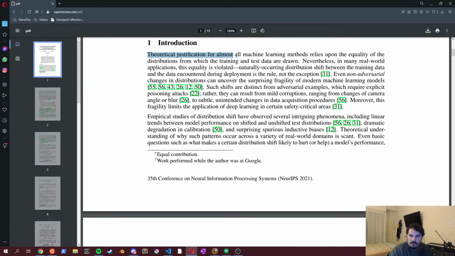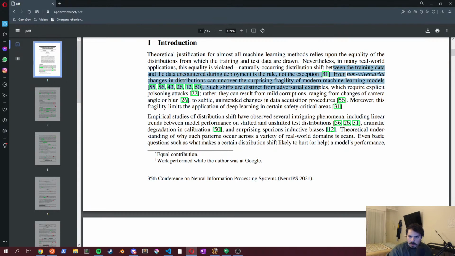Theoretical justification for almost all machine learning methods relies upon the equality of the distributions from which the training and test data are drawn. Nevertheless, in many real-world applications, this equality is violated. Naturally occurring distribution shift between training data and data encountered in deployment is the rule, not the exception. Even non-adversarial changes can uncover the surprising fragility of modern machine learning methods.